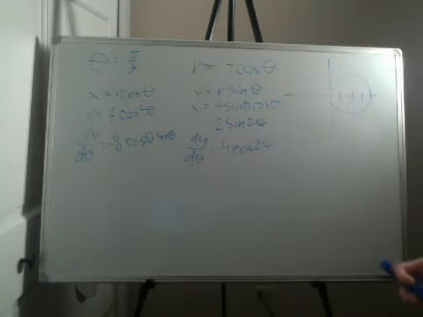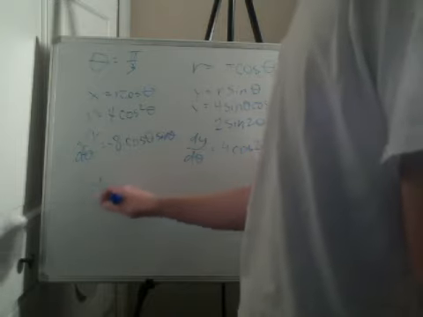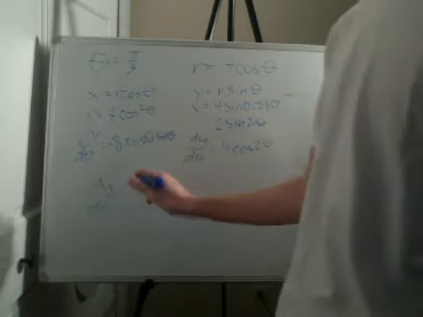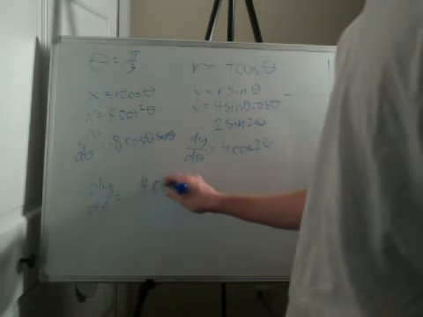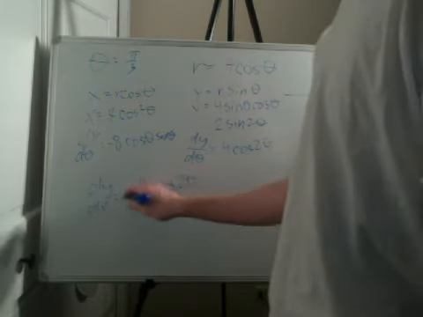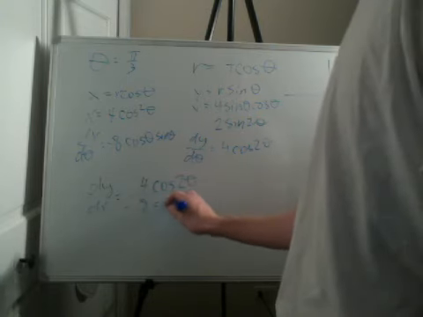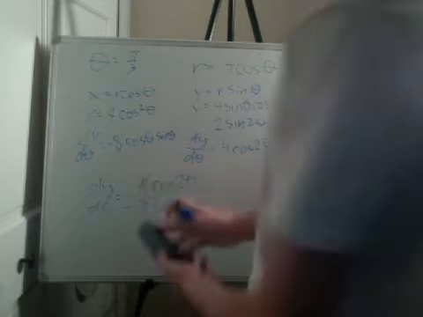So then you can say that dy dx would be this divided by this. If you don't know why, look at my last video that I just did. 4 cosine of 2 theta over negative 8 sine theta cosine theta. Obviously, this can cancel out and become a 2 on the bottom.